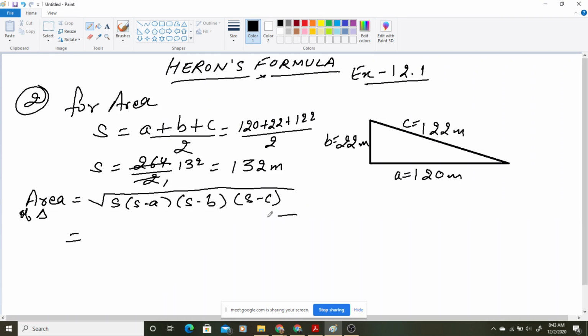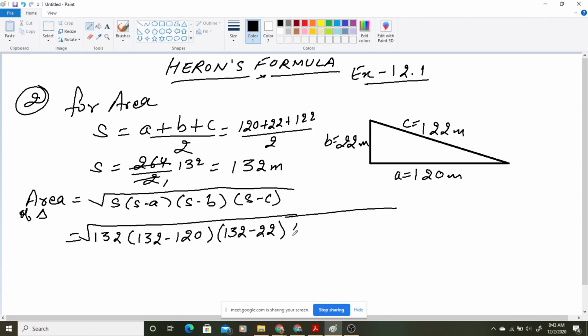If you know all the sides of a triangle, you can easily calculate by using Heron's formula. Just put the value of S, it is 132, then 132 minus A, which is 120, then 132 minus B, which is 22, then 132 minus C, which is 122.